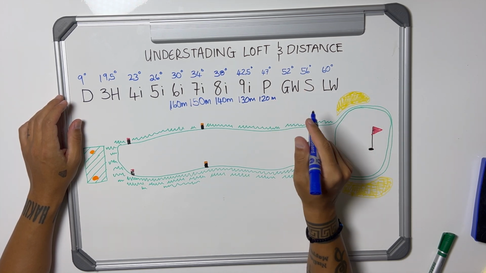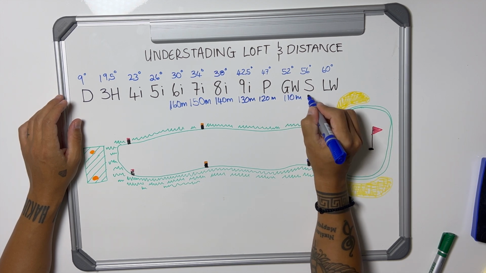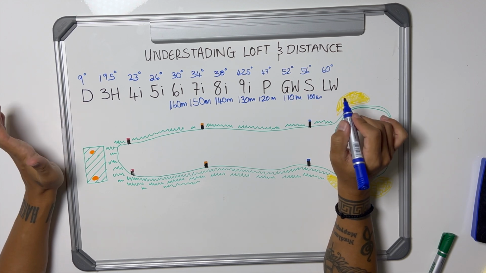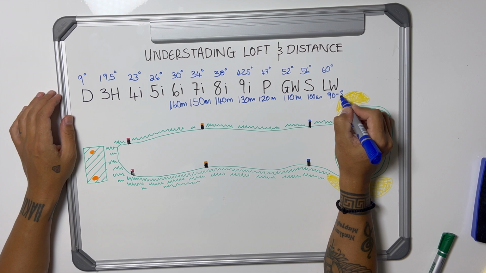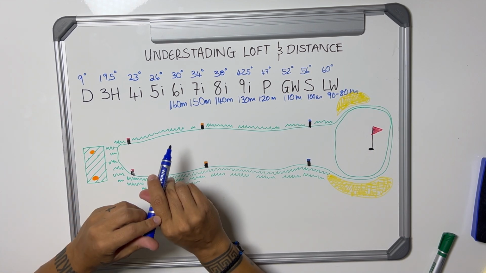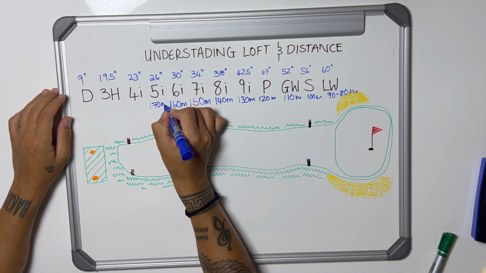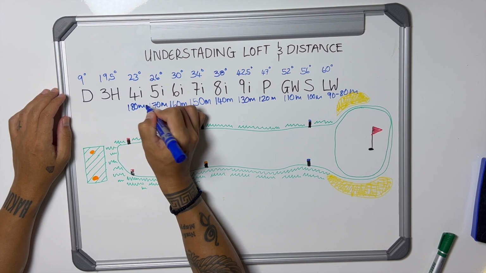It fills that gap, so that's 110 meters. Sand wedge, 100 meters. My lob wedge, I know because I've tested it, is between 90 and 80 meters.